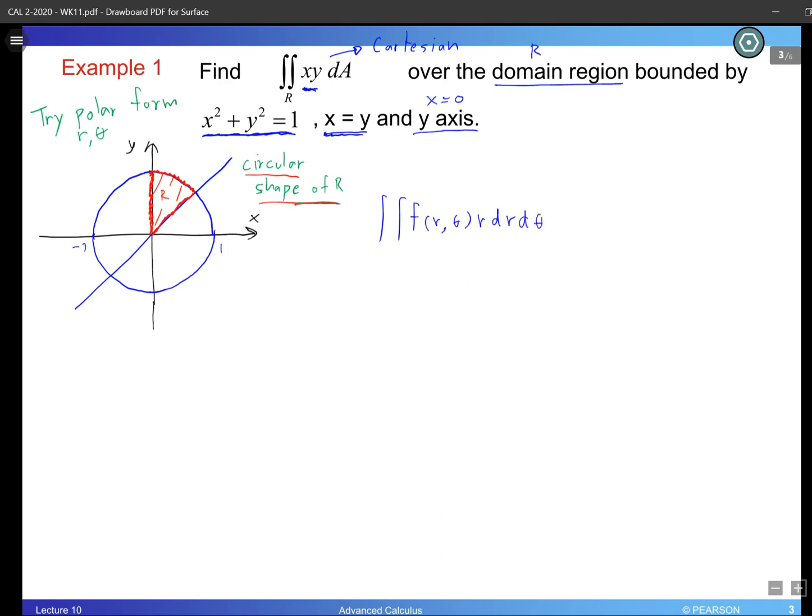And we also need to work on these boundaries, like r right here equal to something which we don't know yet, and this one equal to something, theta equal to something, and also here, all the boundaries. At this point, we don't know any of these yet.